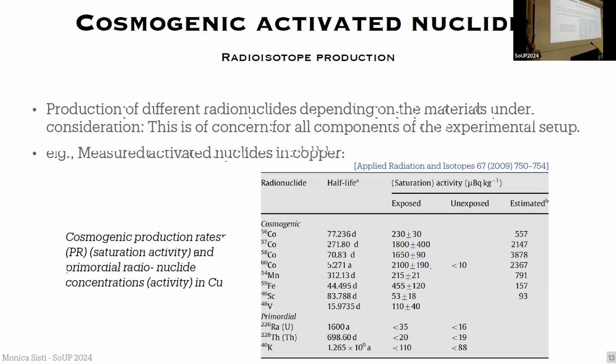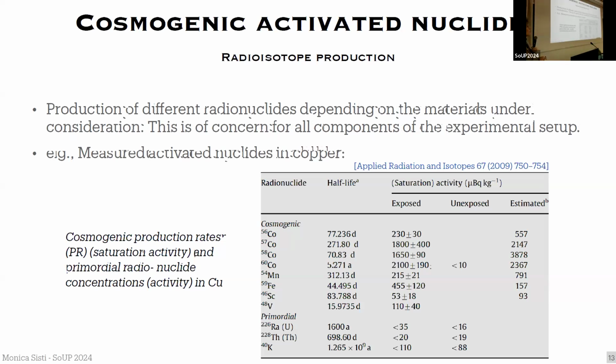In our volumetric detectors, copper is very pure and conducts very well, so it is also used in cryogenic detectors as holders for the detector material. And you see all the isotopes that get activated in the copper.